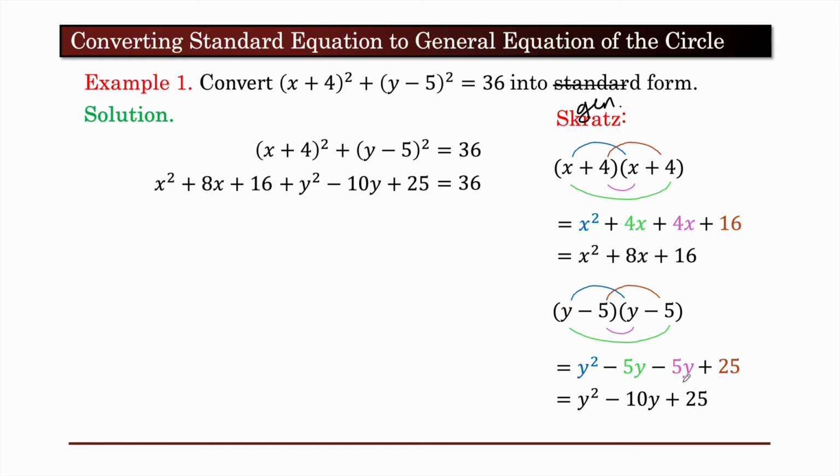Okay, then, copy 36. Now, as you can see, the general form must be in terms of ax squared. Lagay natin dito. Ax squared plus bx plus cy plus, mali.